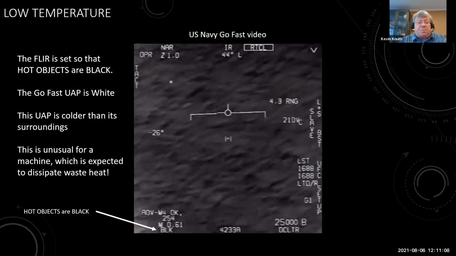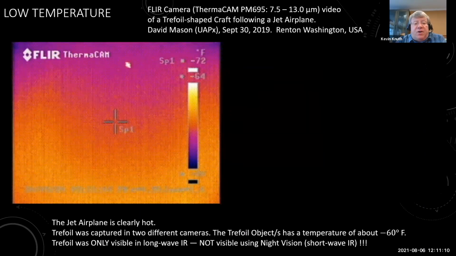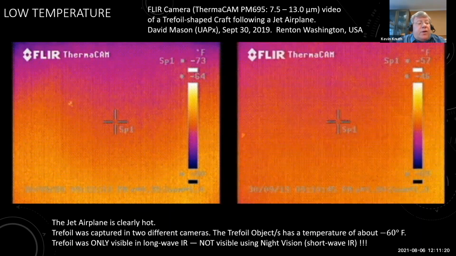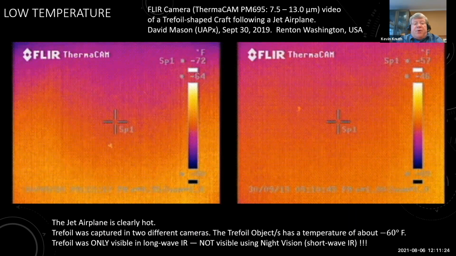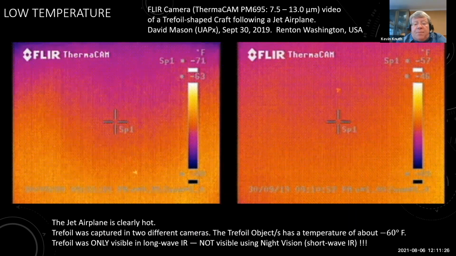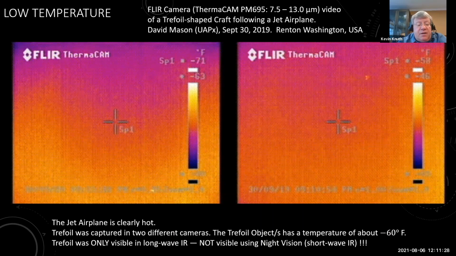Next slide, please. This is a video that our engineer, David Mason, took. That was a jet airplane flying over that was hot. This is a UAP that's following it. We actually captured it in two cameras, so you're seeing both cameras here. Only one camera captured the jet airplane.